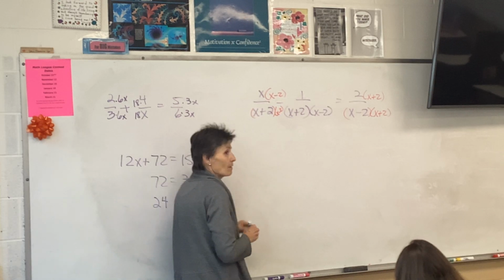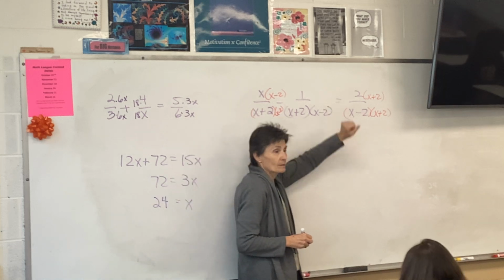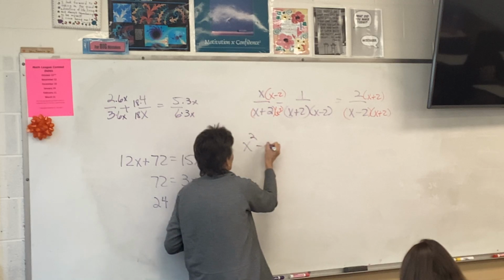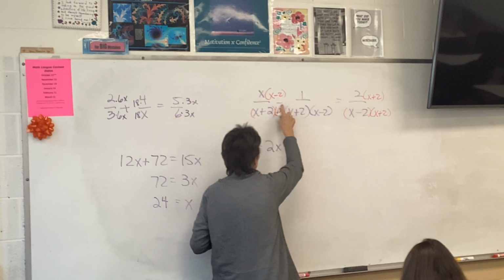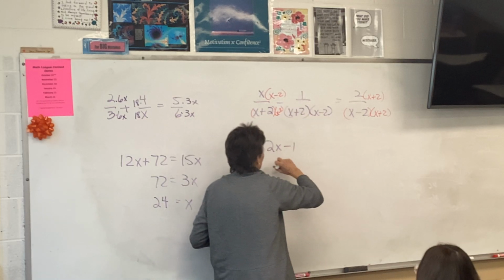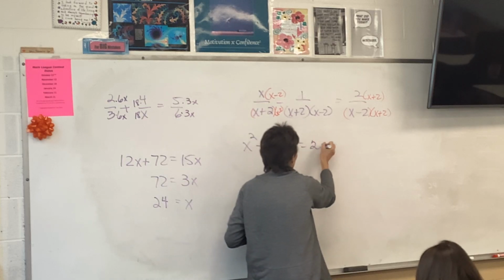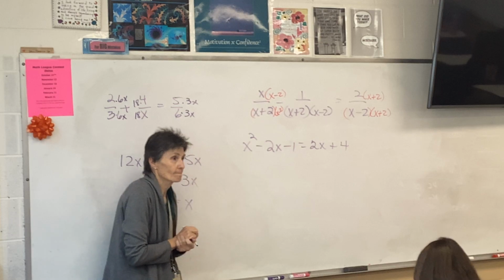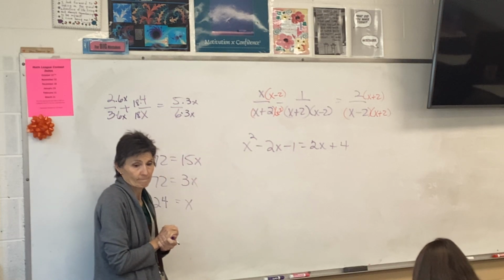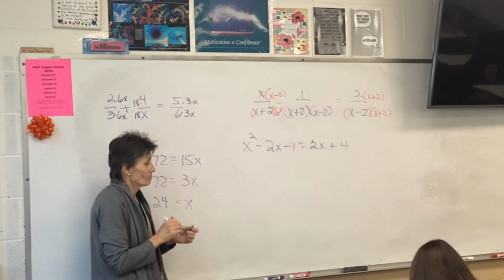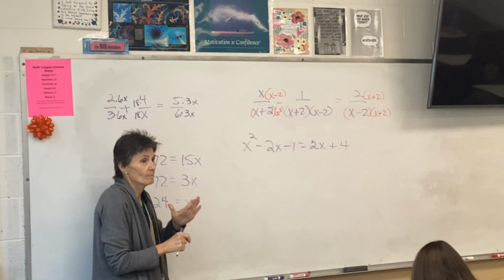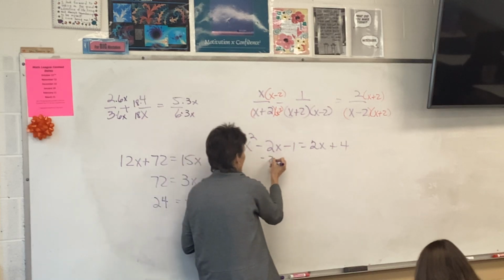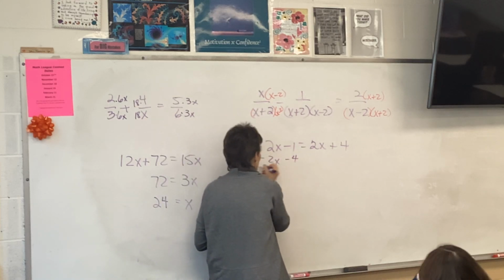All right, now this is an equals, so I can ditch the denominator. So x squared minus 2x minus 1 equals 2x plus 4. What do I want to do now? Subtract the 2x. Get it all over, right? Bring it all over. So subtract the 2x, subtract the 4.